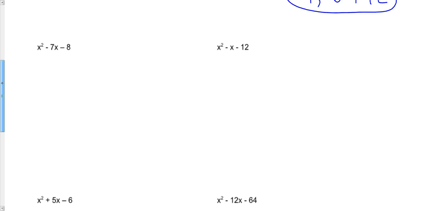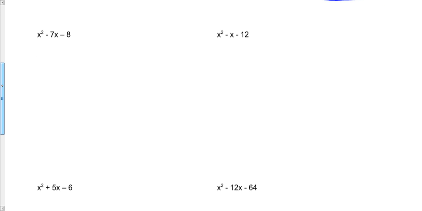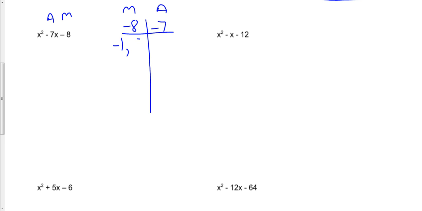If I look down to the next example, I need two things that are going to multiply to negative 8, and they have to add to negative 7. So negative 1 times positive 8.